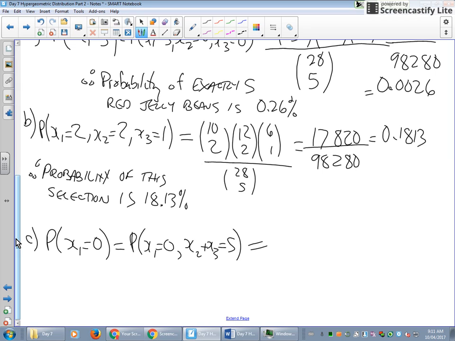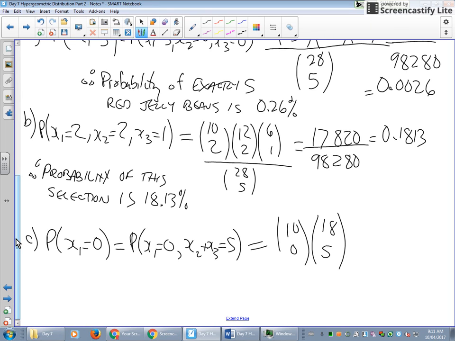How many ways, what am I going to start with? I want 0 red jelly beans. Yeah, so it'd be 10 choose 0, times 12 plus 6 choose 5, over 28 choose 5.